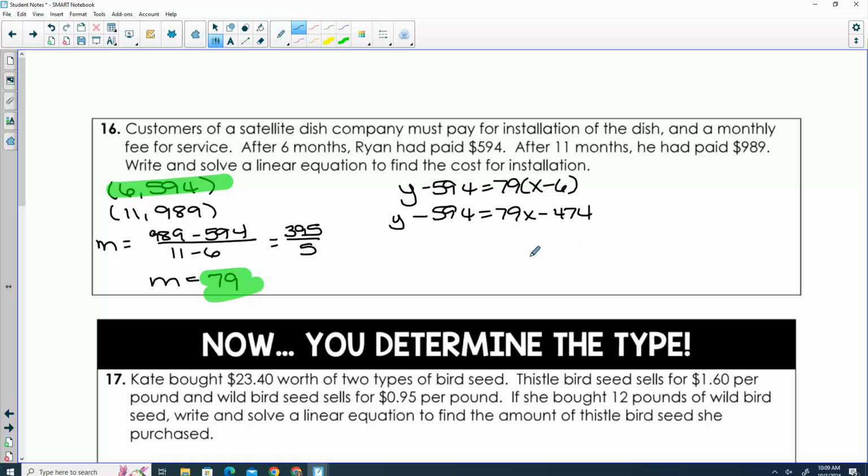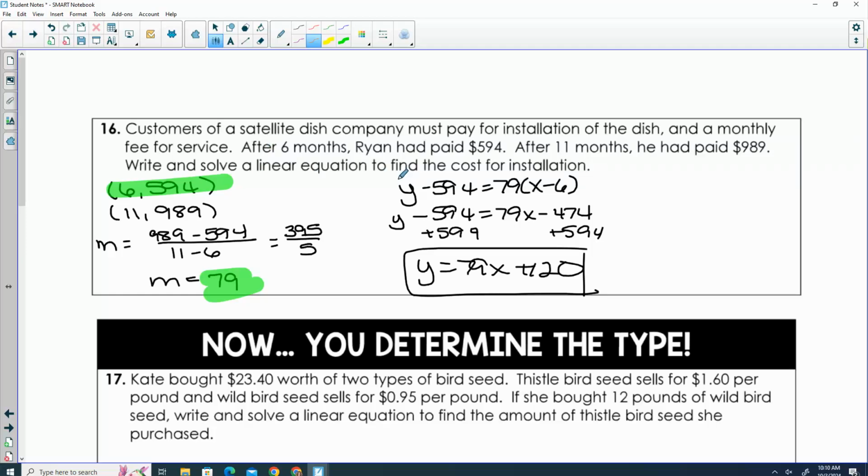Is that right? Add over the 594. So we get 79x plus 120. Did you guys get that equation? Good. And then we want to find a linear equation to find the cost for installation.